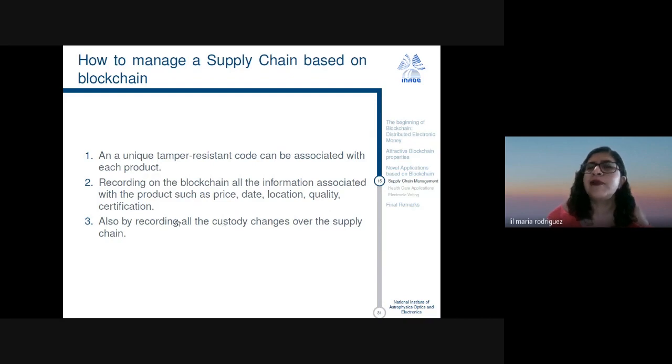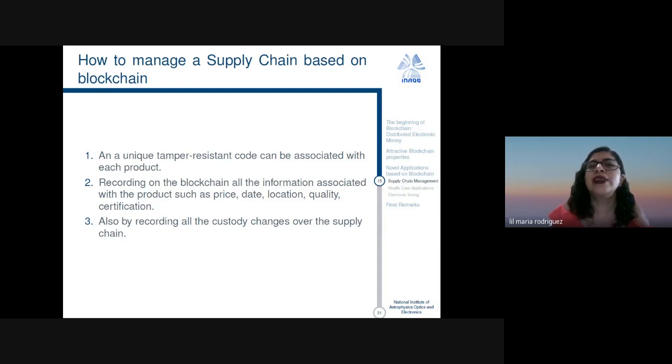So this is very important, right? Because we want to get responsibility for each of the activities. So imagine that someone gets sick after eating some part of the pork, right?